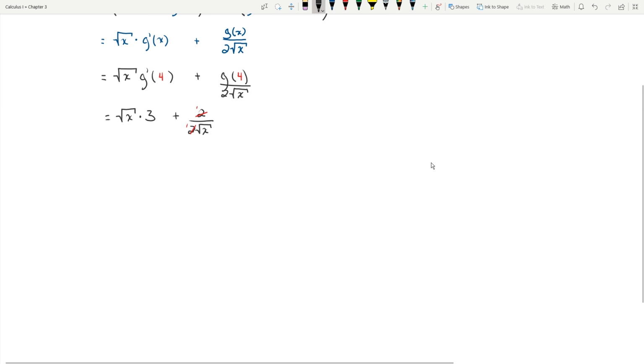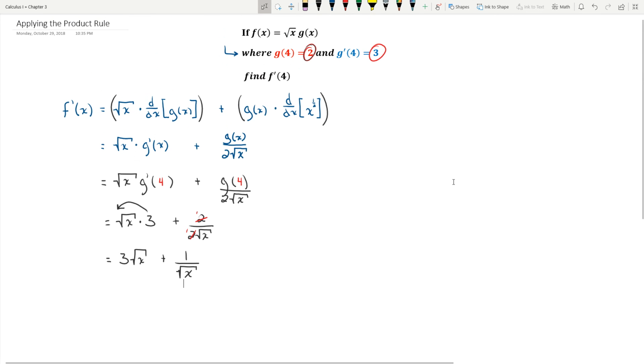Let's go ahead and rewrite this. I'm just going to move the 3 in front of the square root there to say 3 times the square root of x plus 1 divided by the square root of x. So now we have a function that we can work with to solve this final question, which is find f prime of 4.